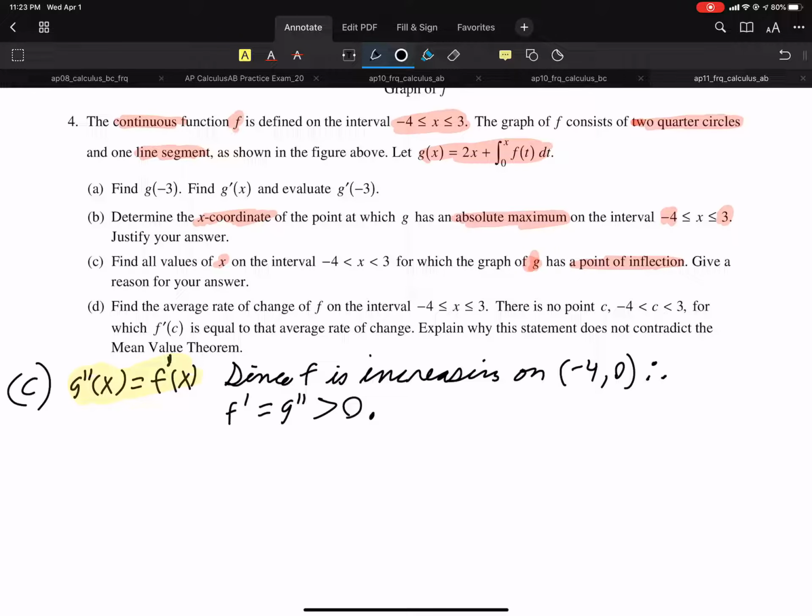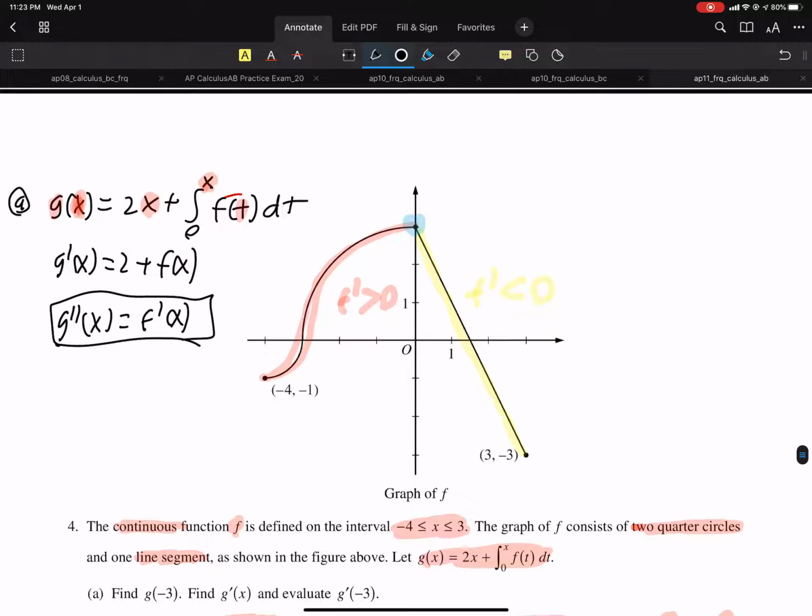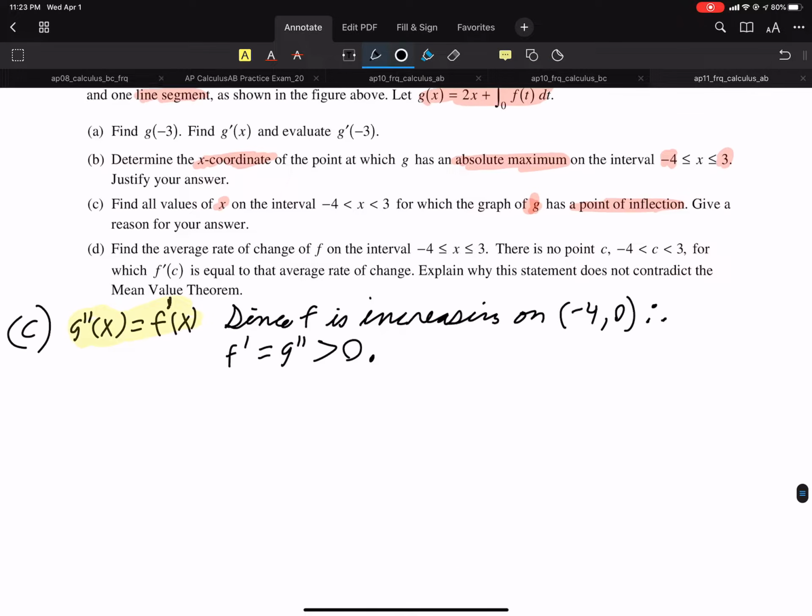Beautiful. Then we're going to do the same thing to the right. We're going to show from 0 to 3, since f is decreasing, f prime, or g double prime, is negative.